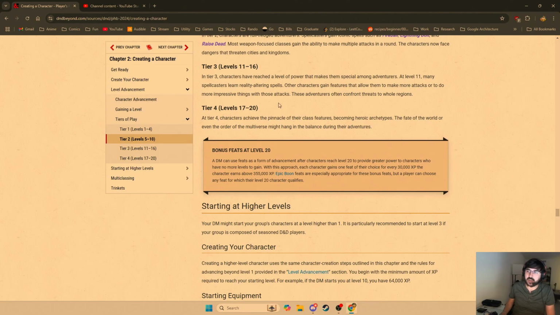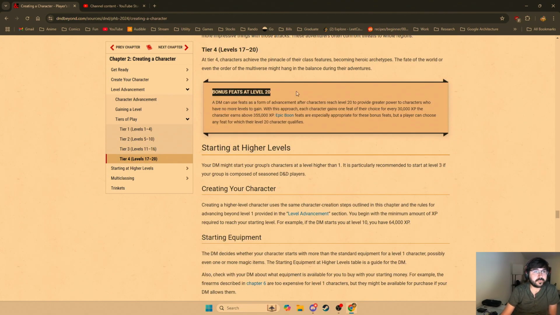And yeah, you are like the exemplars of your class or your multiclass. You are not someone to be trifled with. That said, you can still run into things that are very, very dangerous, and they can destroy even a level 20 character. The universe is as big as your imagination, and if you ever think that you are the toughest thing in the room, your DM will likely throw something to remind you you are still mortal.